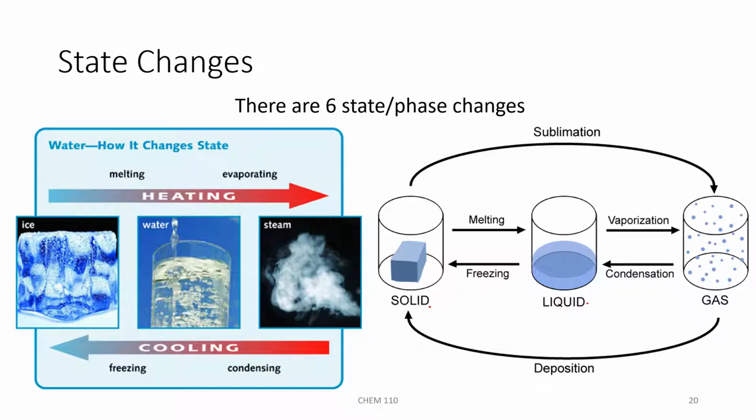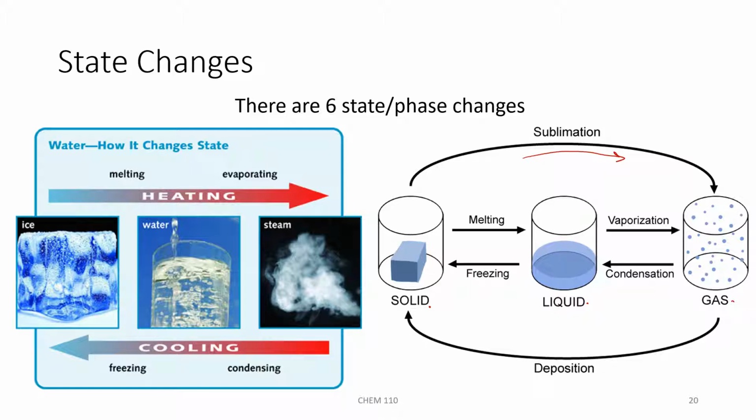Sometimes it's also called fusion. When a liquid gains energy and goes from a liquid to a gas, this is known as vaporization. Some solids go directly from a solid to a gas in a process known as sublimation. Solid carbon dioxide or dry ice is an example of this. It goes directly from a solid, it sublimes into a gas.